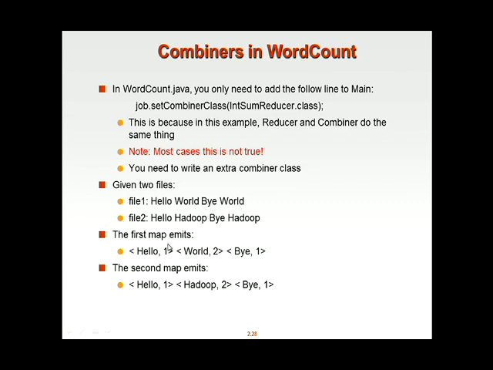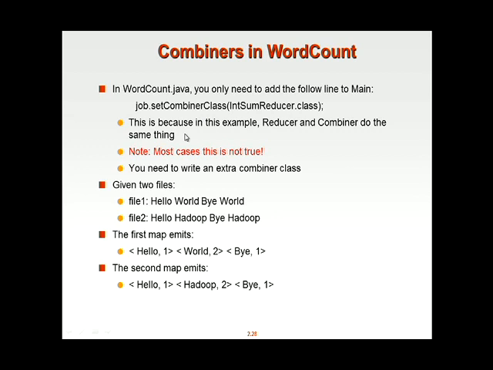But now the first map will have as output hello 1, world 2, and by 1, just one key value pair for world 2. Similarly, the second map has output Hadoop 2. So the size of your intermediate data is reduced a lot.